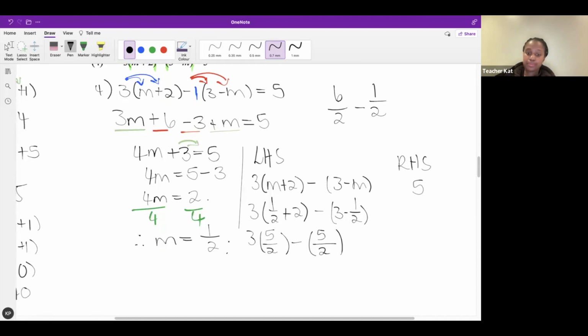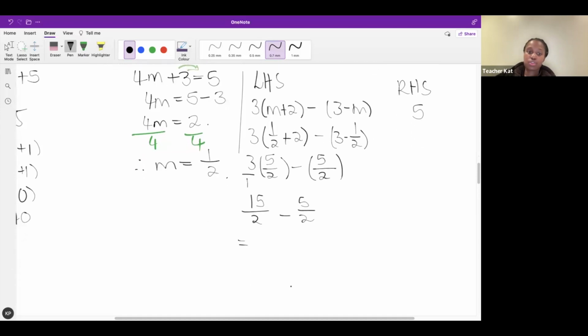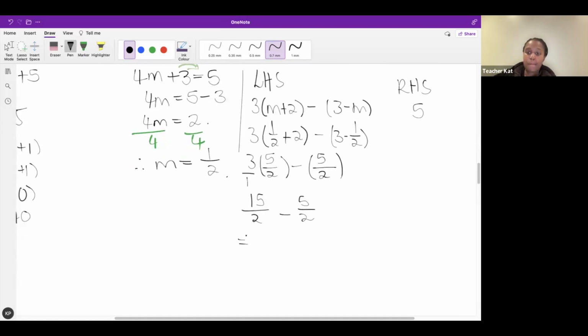Wonderful. Okay, let's times this. When we're timesing, we times the numerator with numerator and denominator with denominator. So then it will give me 15 over 2 minus 5 over 2. What is 15 over 2 minus 5 over 2? We are skipping steps.